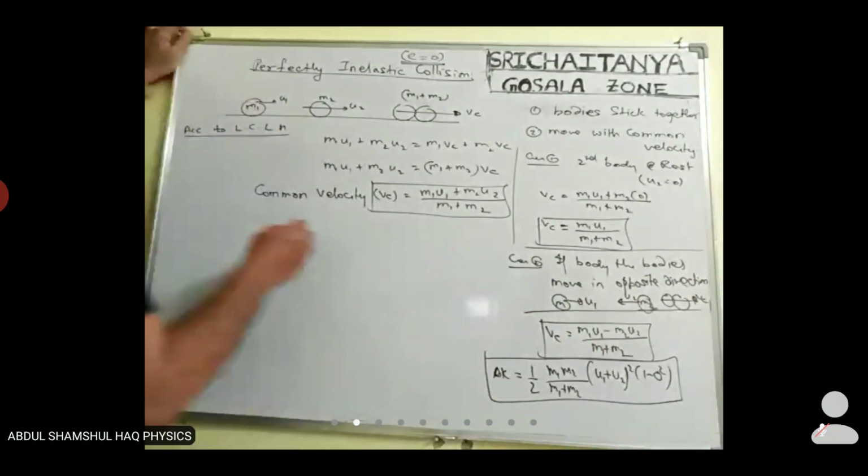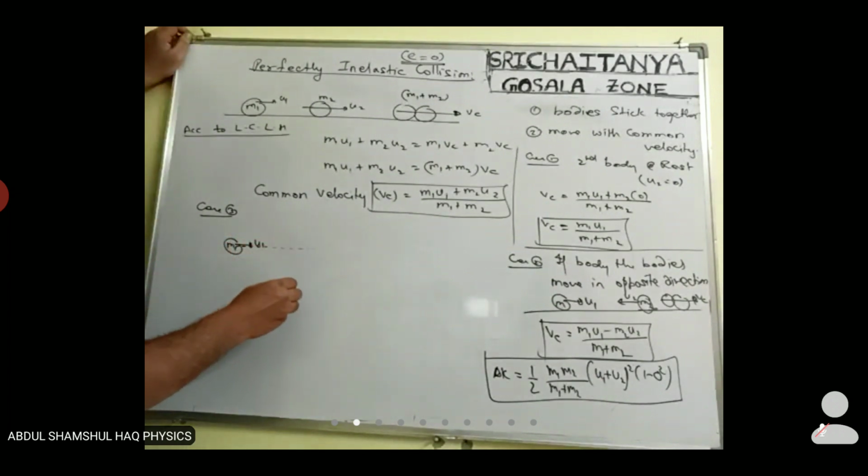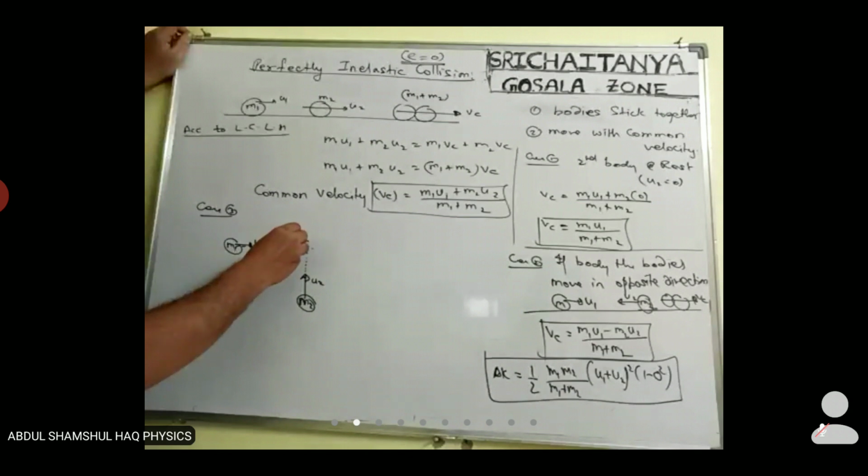Let us see case 3. In case 3, the first body of mass m1 is moving with the velocity u1, and the second body of mass m2 is moving with the speed u2. Both strike together and move with a common velocity in this direction.